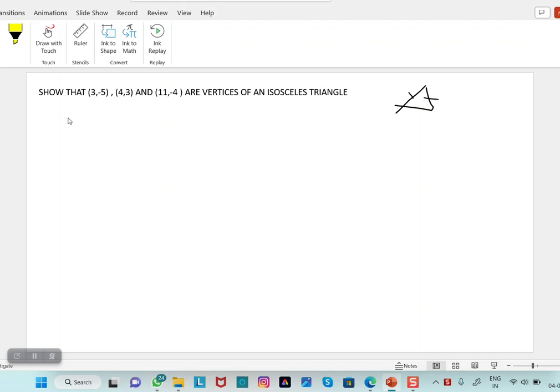So now we are given three vertices. That means we are given three points. We have to show that these three points form an isosceles triangle. To solve this problem, we take the first point as A (3, -5), the second point as B (4, 3), and the third point as C (11, -4).